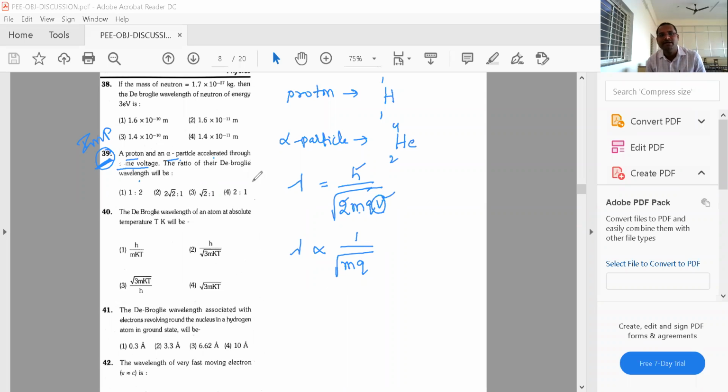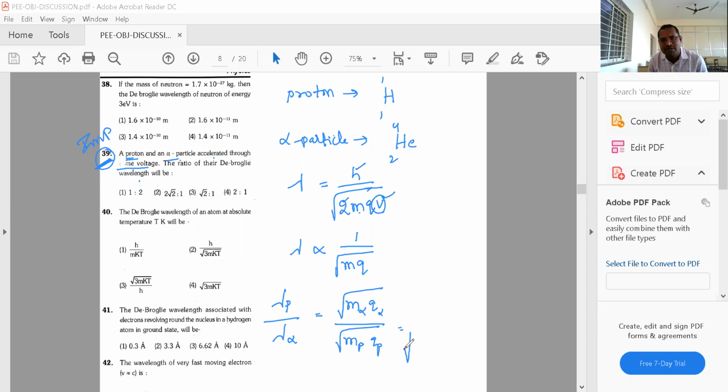So what they are asking is the ratio of the de Broglie wavelength. First, which particle are they asking? Proton, then alpha particle. So wavelength of proton upon wavelength of alpha particle is equal to, this is inversely proportional, it will become root of mass of alpha particle, charge of alpha particle upon root of mass of proton into charge of proton.